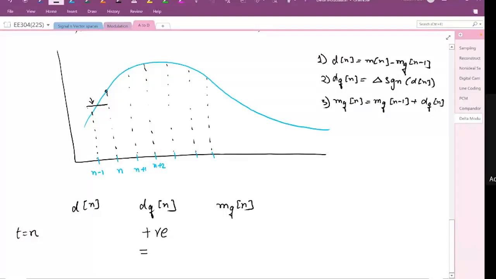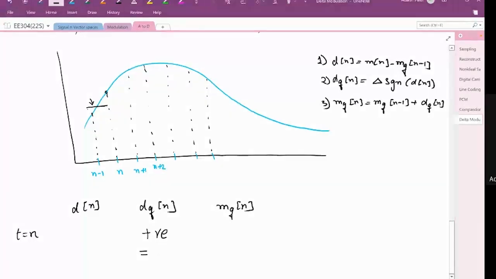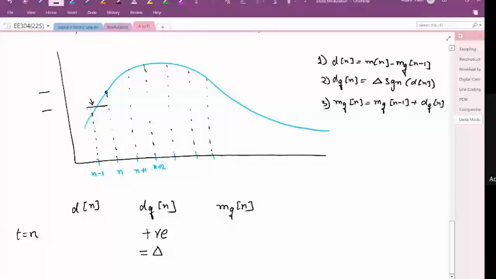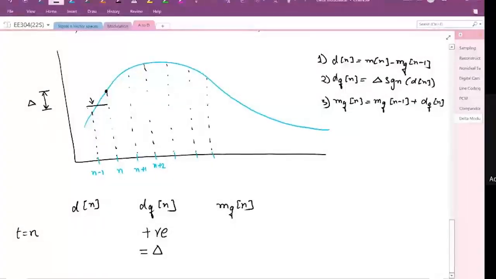If I see equation number 2, it will be del times sgn of dn, and if dn is positive, then this dqn will result in del, whatever the step size is. So now assuming that the step size is this del, then what is mqn?